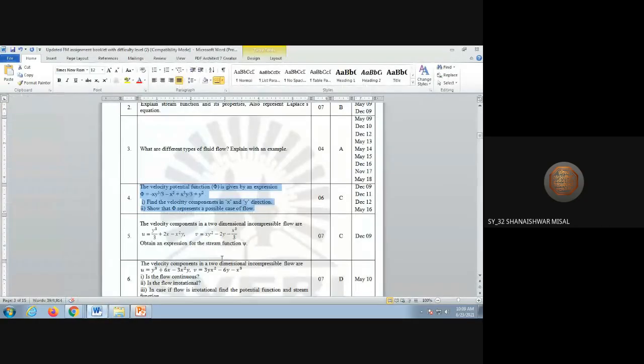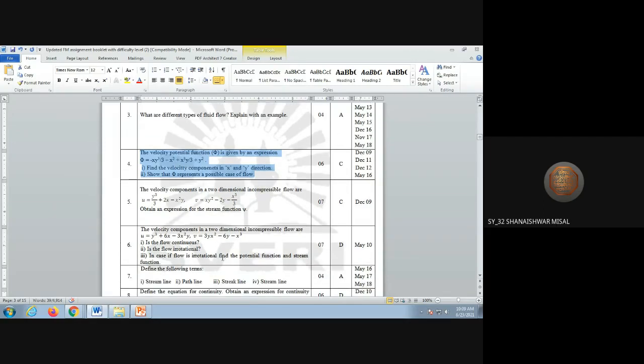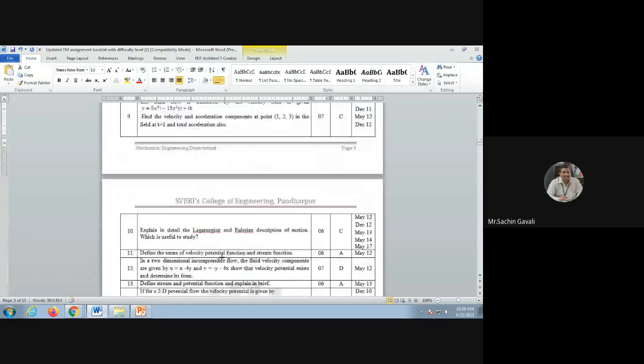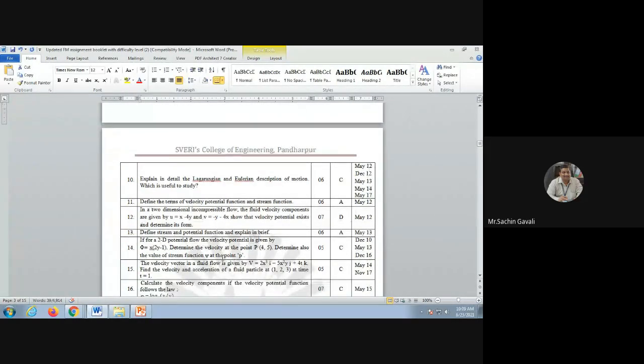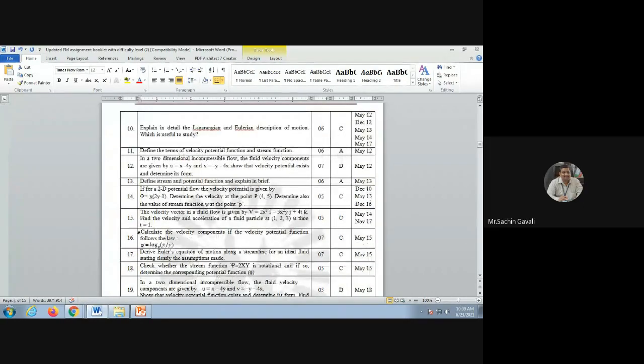Next numerical we will go for now. Some numericals I am giving to you as homework, so you solve. Now this is a very favorite numerical, but before that, I want everybody to solve this numerical.